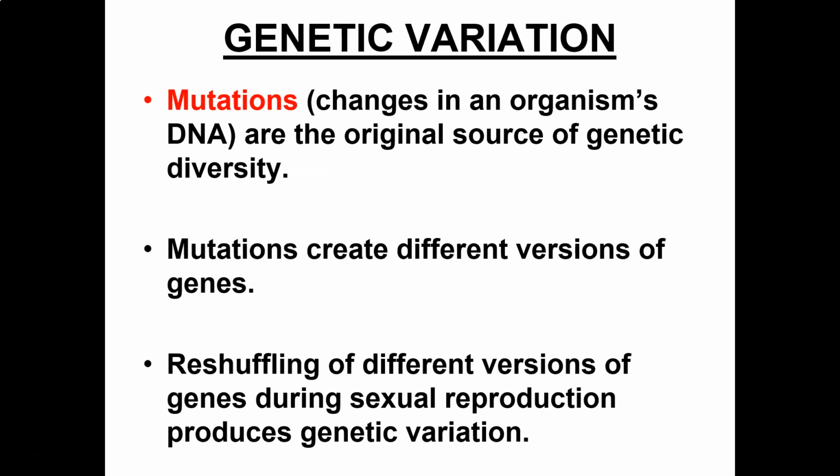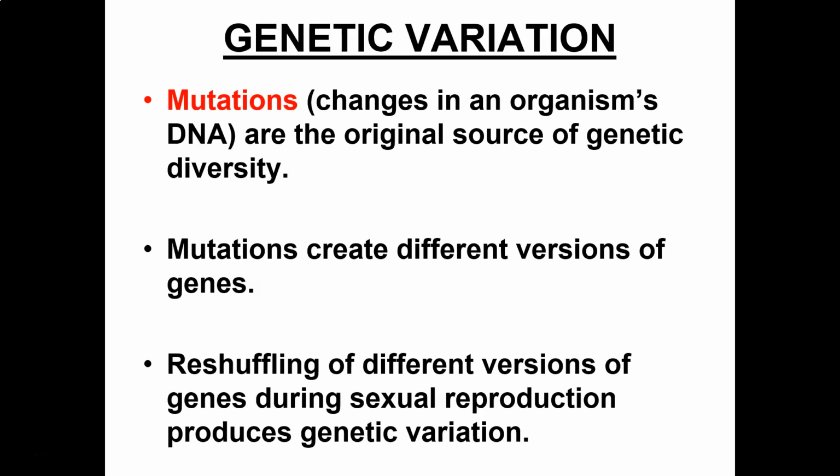All right, so one more thing I wanted to mention is just to review all the different ways that genetic variation occurs. So mutations in the DNA are the ultimate source of genetic variability.